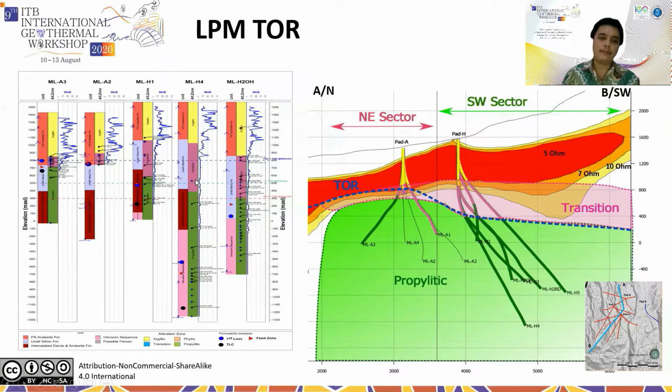After getting closer to the top of reservoir, the permeability seems to improve, and the vein still shows intergrowth of epidote, with a lot of open space.